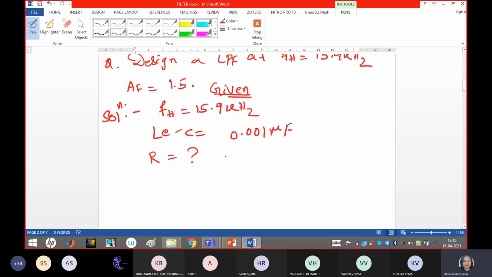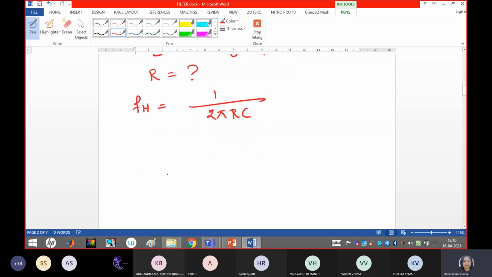From that F equal to 1 by 2 pi RC. So here we have to put F equal to FH, no? So FH equal to 1 by 2 pi RC. So if you calculate that unknown data here, what is R? We have to find out R, right? If you put 15.9 kilohertz here and C is 0.001 microfarad, R can be calculated as 10 kilo ohm. You just verify this one.